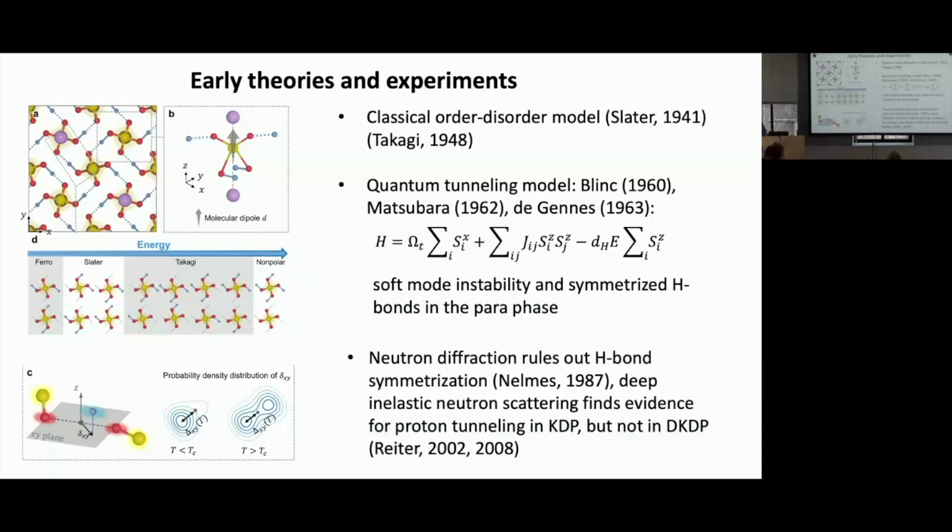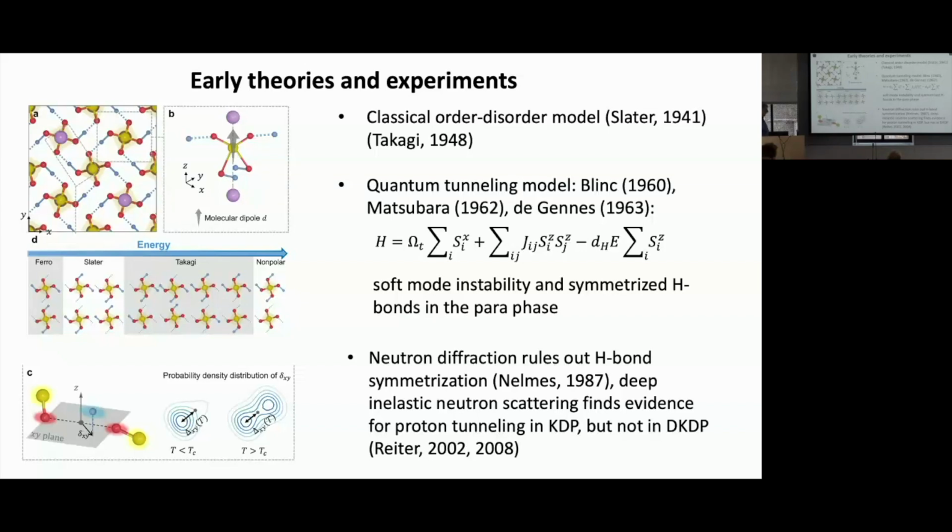What happens here is that this is the hydrogen between two oxygens that bind the two phosphate groups, and in this XY plane we can define the displacement of the proton with respect to the symmetric position in the middle.